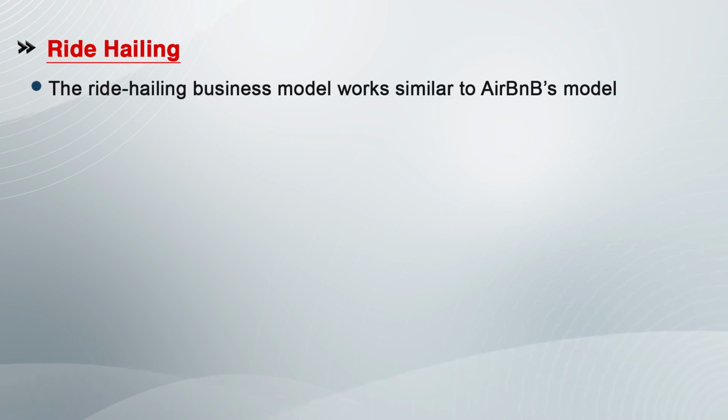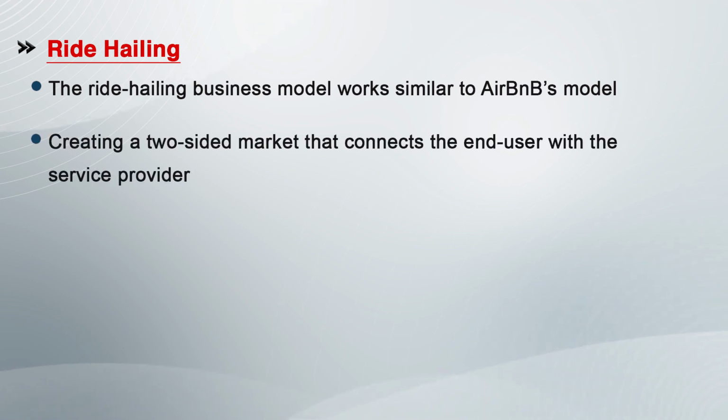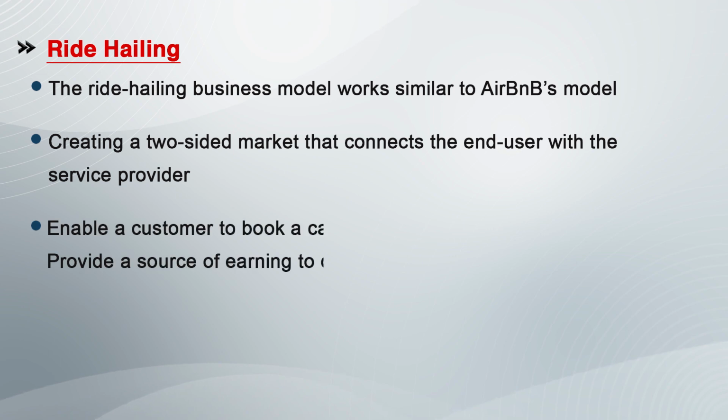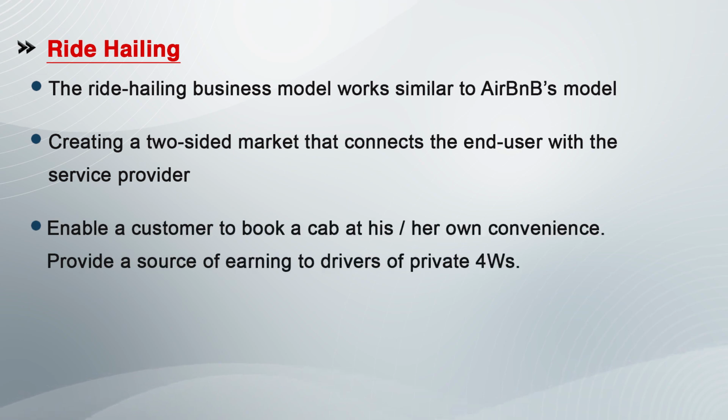Next one is ride hailing. You might have heard about Airbnb. The ride hailing business model works similar to Airbnb's model of creating a two-sided market that connects the end user with the service provider over a technology enabled platform. It will enable a customer to book a cab at his or her own convenience and provide a source of earning to drivers of private four-wheelers.